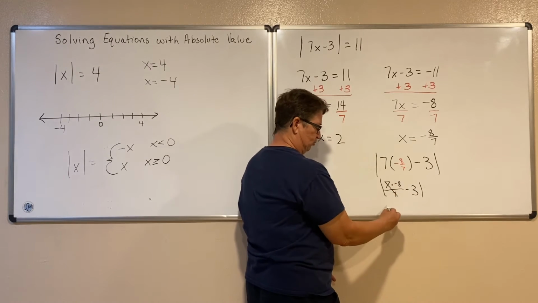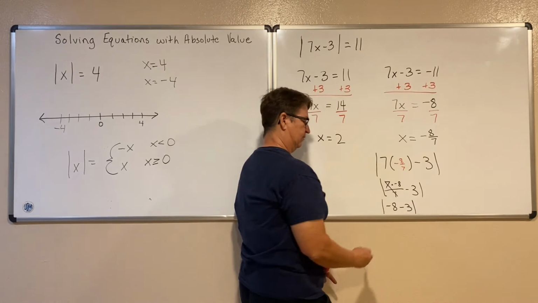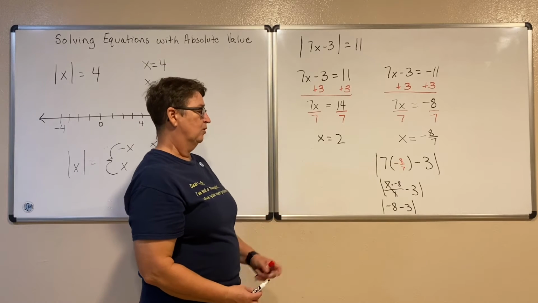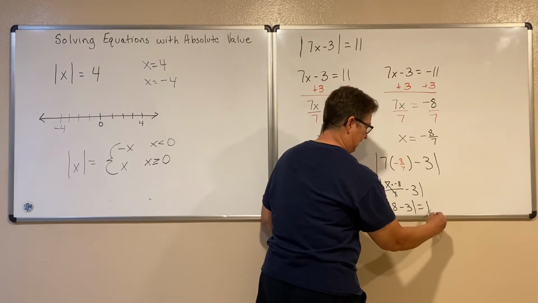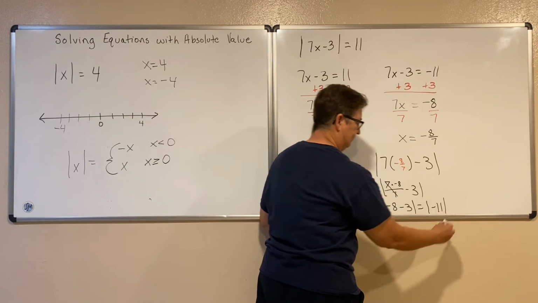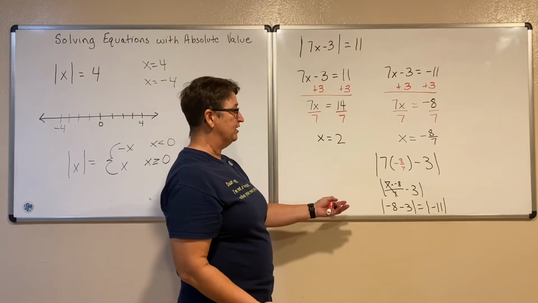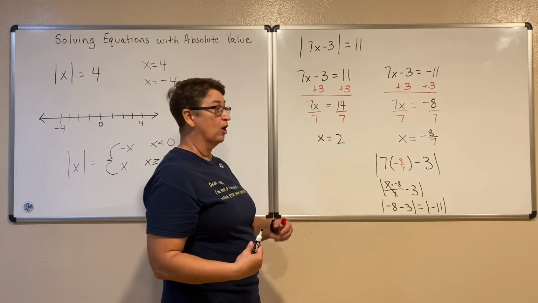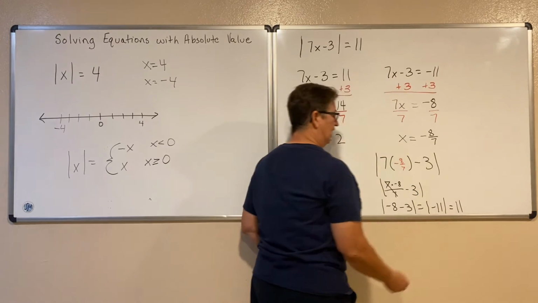So I'm just left with negative 8 minus 3. Well, negative 8 minus 3 is equal to a negative 11. And the absolute value of negative 11, that distance from 0 is 11 spots. So that is equal to 11.